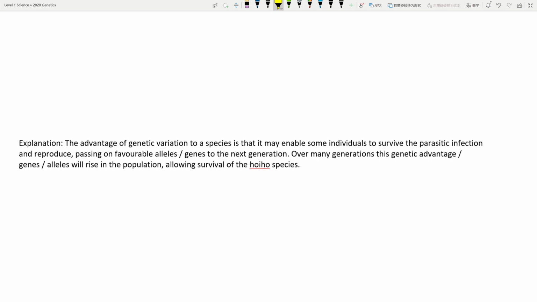So just remember, variation enables some individuals to survive because they have different alleles, they're all slightly different. They can pass it on to the next generations, and over generations this particular trait will be passed on, and it will become the norm, and then the population will continue.